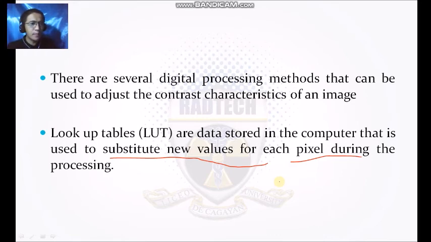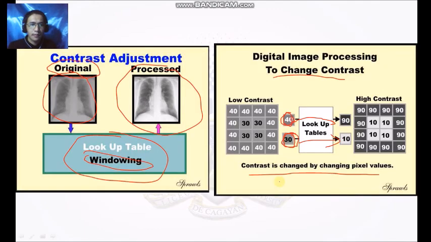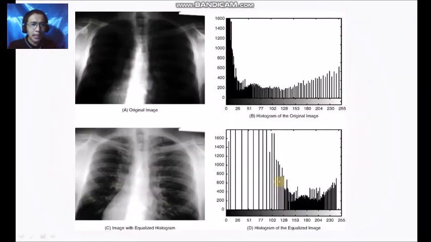So that means all of the pixel values will also be adjusted. If we look at the histogram, for example, these values of pixels should be adjusted so that they would appear as if the values of the pixel are in this portion.